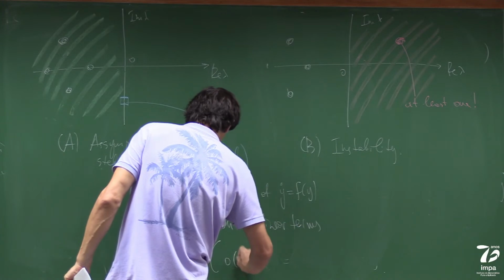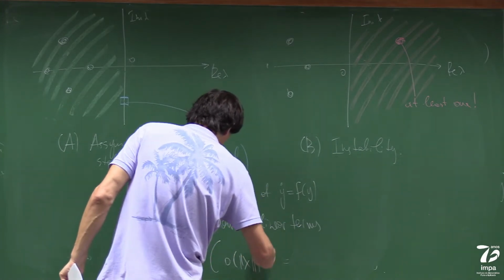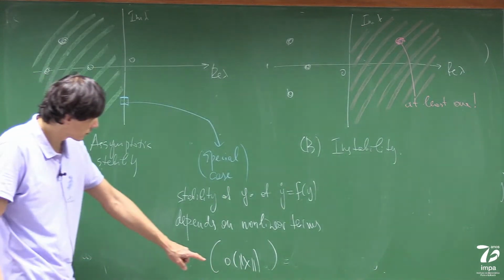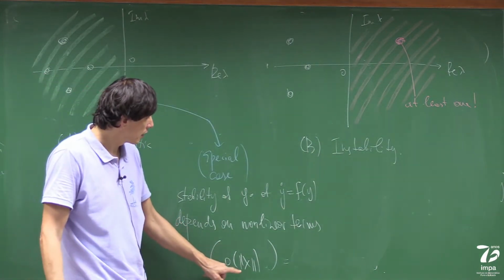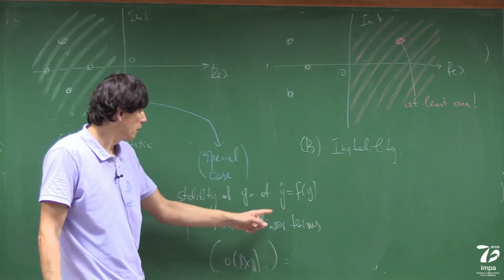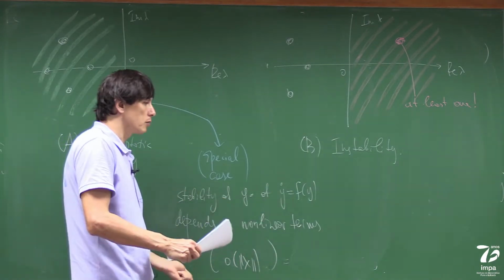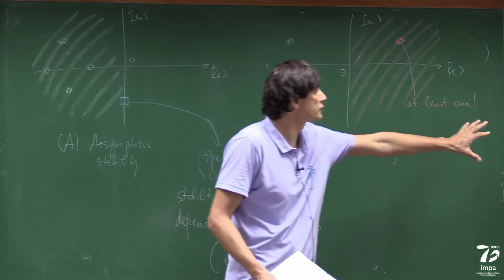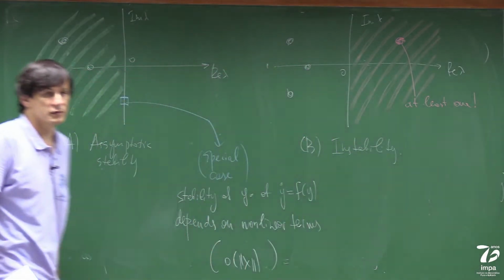So these terms which we neglected, the small terms, are actually important, because they can make systems stable or unstable, irrespective of whether the linear system was stable or not.